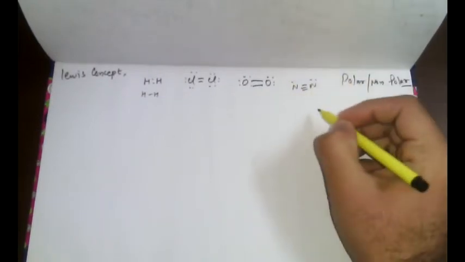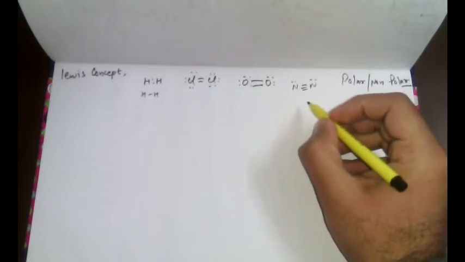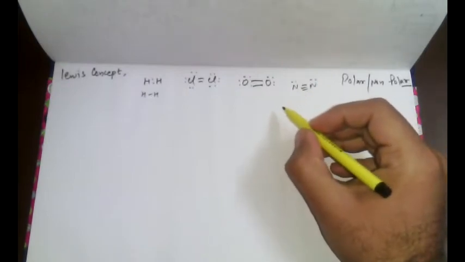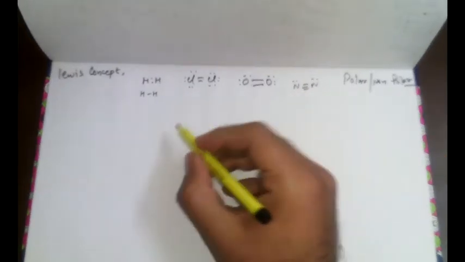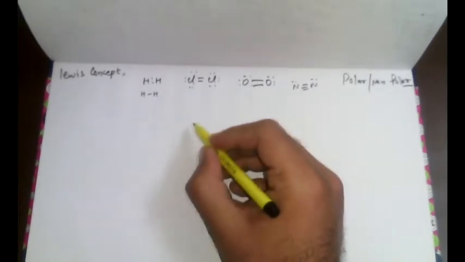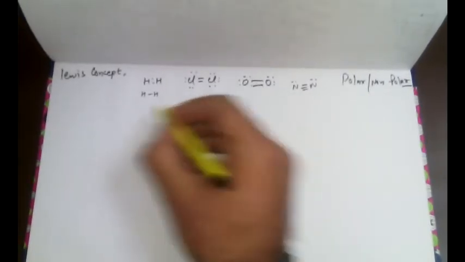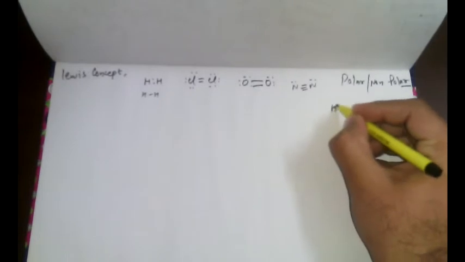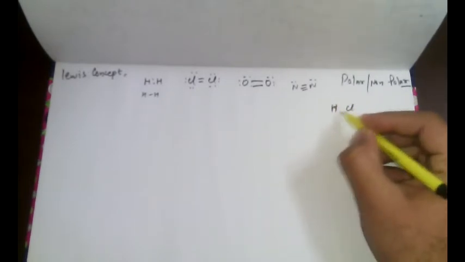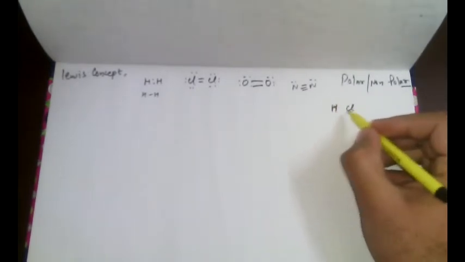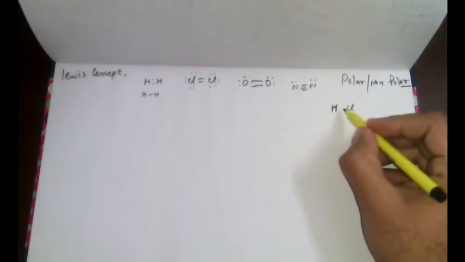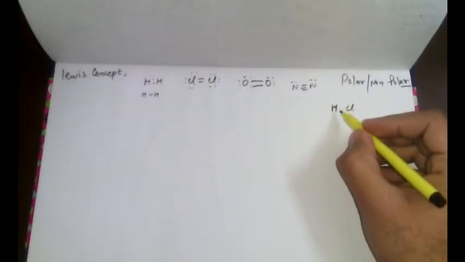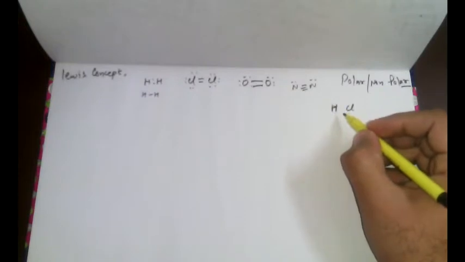This is a lone pair. On the other hand, in case different atoms are linked to each other by a covalent bond, taking an example of hydrogen and chlorine, then the shared pair of electrons will not lie at the center, because the bonding atoms differ in electronegativities.